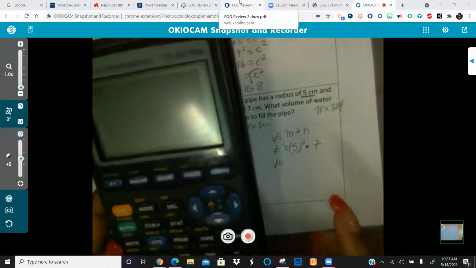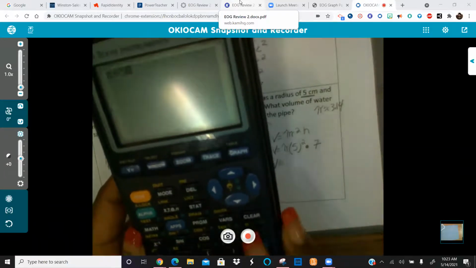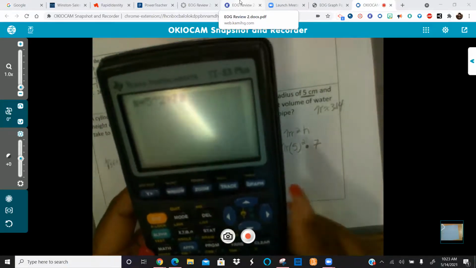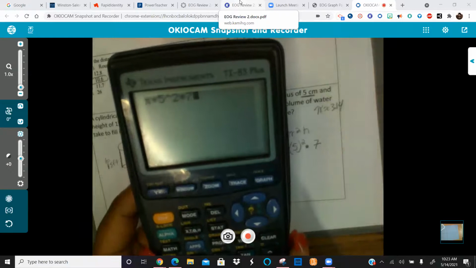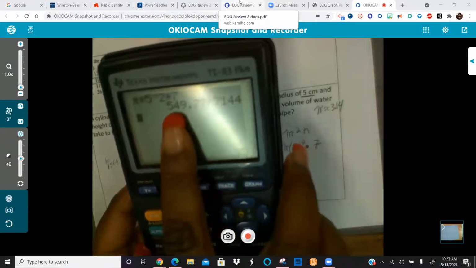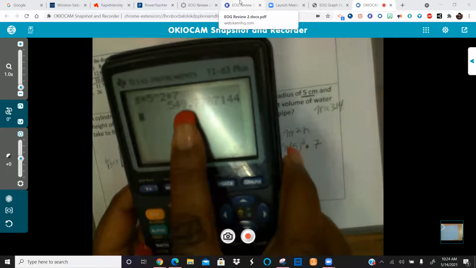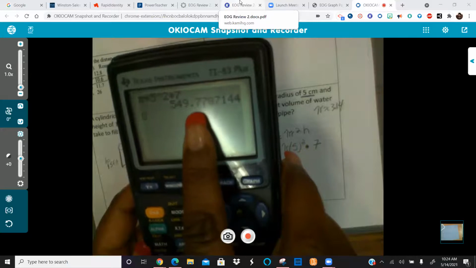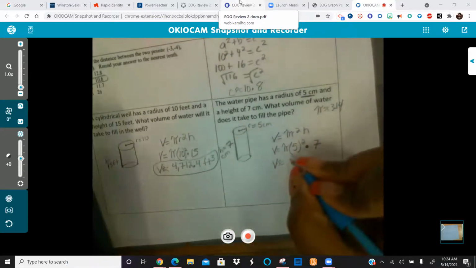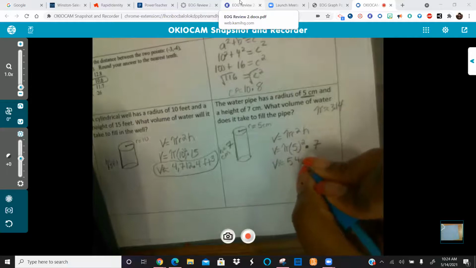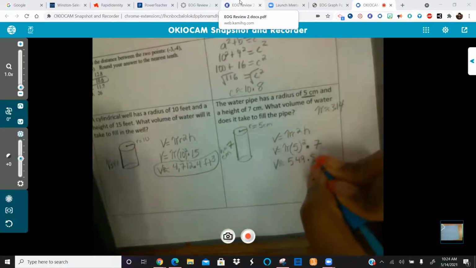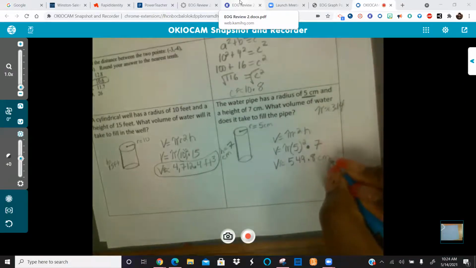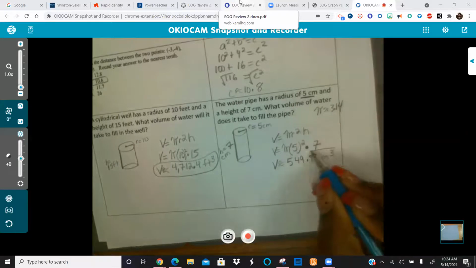Then we have times 5 squared times 7. Okay, so we got that. Press enter and look at what this gives us. 549 point, and we're going to round to the nearest tenths place, so that's 0.8. Okay, so this is 549.8. And this is going to be centimeters to the third power because it's volume.